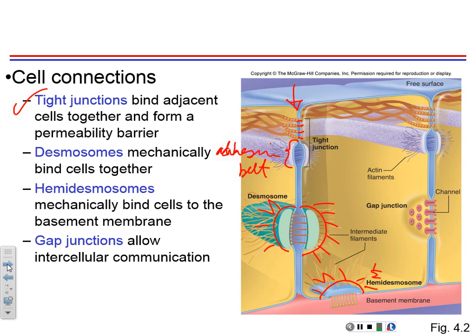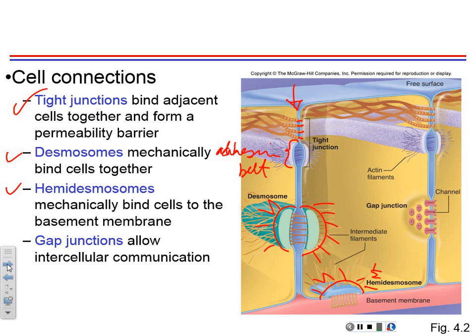So it's half a desmosome. It's a hemidesmosome. So hemidesmosomes attach the basement membrane to the basal layer of the cell. Right? That's the basal layer. Okay? So you get that, and then of course the gap junctions, very important in cardiac muscle and smooth muscles.